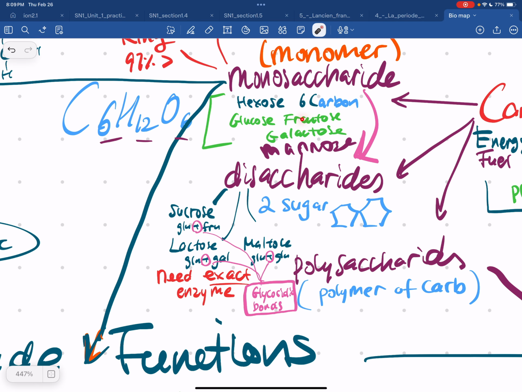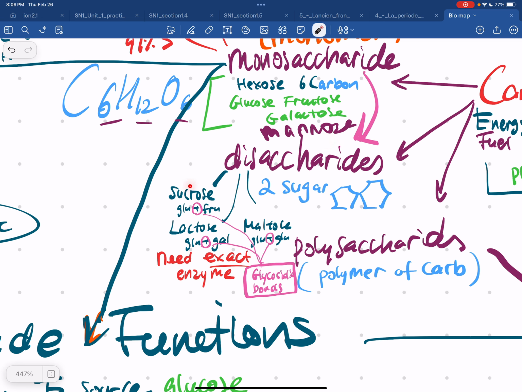And these monomers, glucose, fructose, galactose, and mannose, can make up sucrose, lactose, and maltose. So it's the 3 that we need to know.